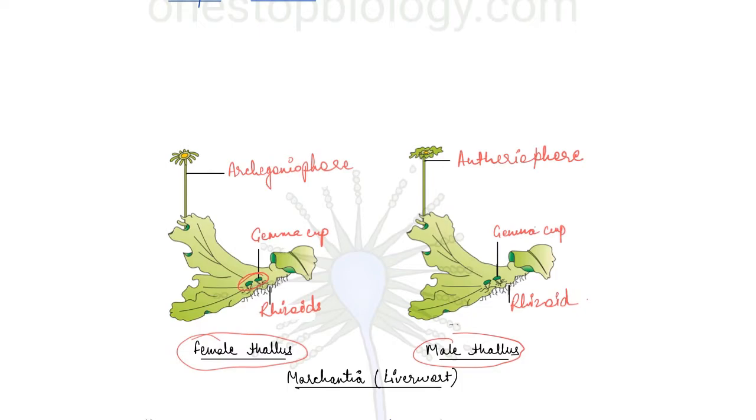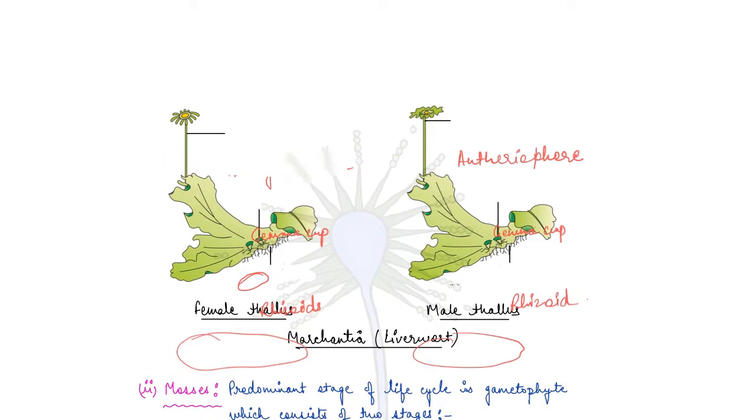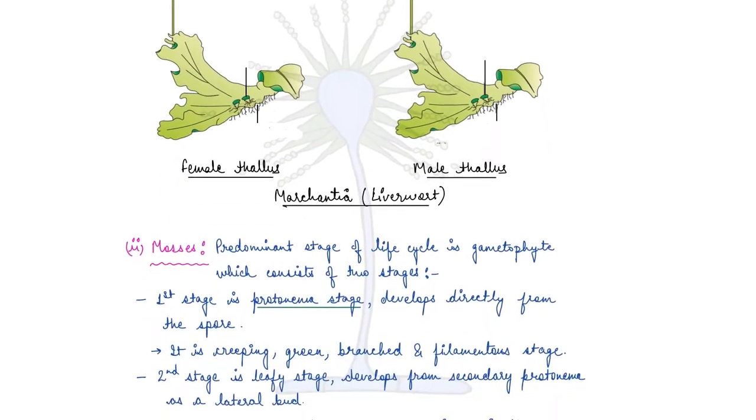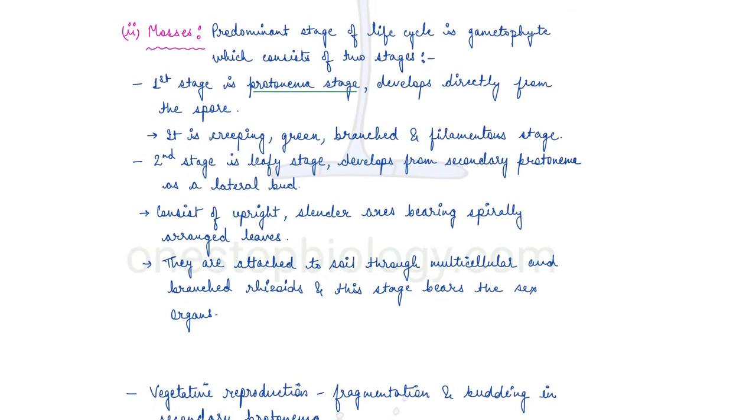Now we'll go to the second type of bryophyte, which is mosses. So first is liverwort, second is mosses. What are these mosses basically? These mosses are again a type of bryophyte, and here the predominant stage of the life cycle is gametophyte.